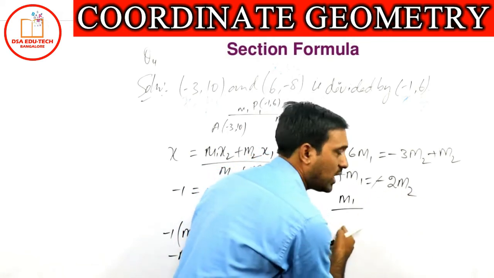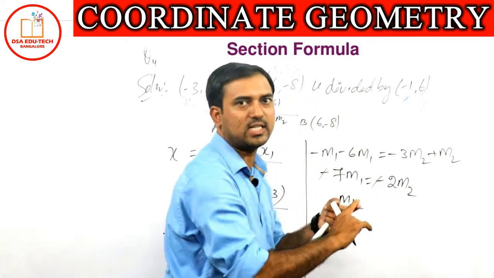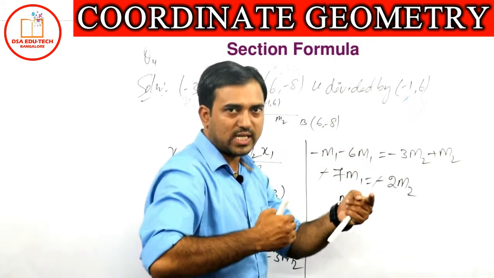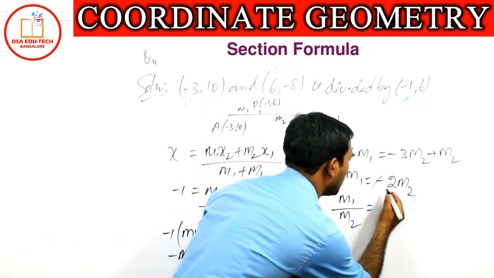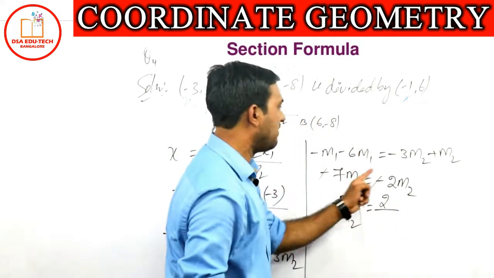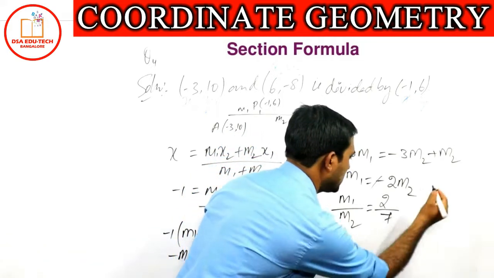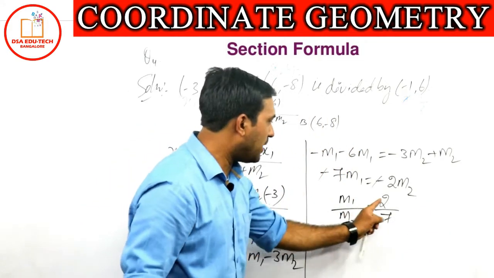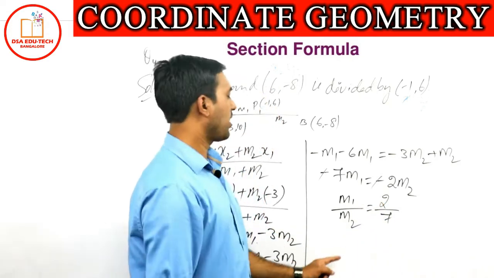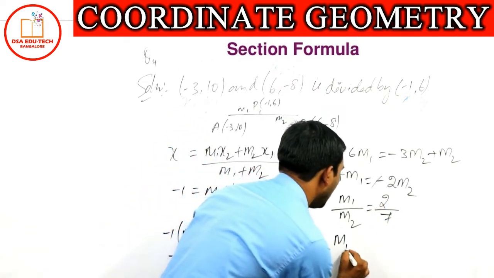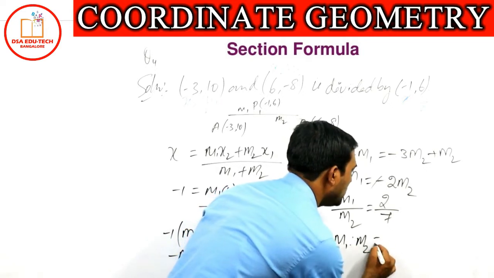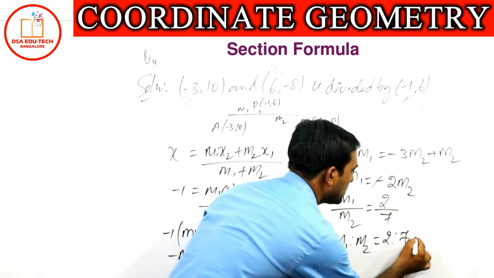I'll take m2 to the other side; this is a product, a factor, so if I take it to the other side it becomes the denominator. So m1 divided by m2 is equal to 2 divided by 7. Now m1 is how much? 2. m2 is 7. Therefore m1 to m2 is 2 is to 7.